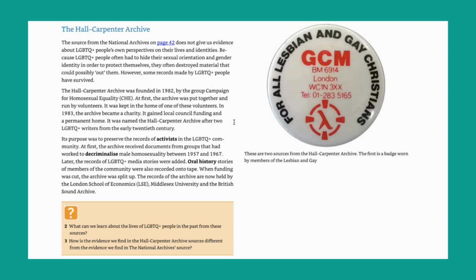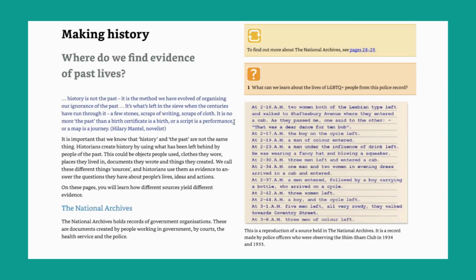We can also consider the different kinds of stories these different kinds of evidence might allow historians to tell. How might historians' interpretation of the past be shaped by the kinds of evidence they are engaging with in these two different archives? Students might consider how historians might use the evidence held in the National Archives, like this police report, to uncover how people with power felt and thought.